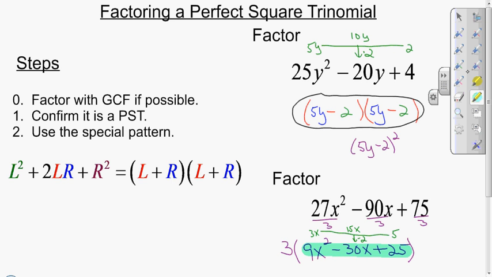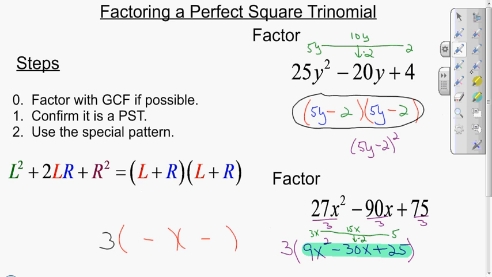I'll set up my two quantities with minus signs, but more importantly, you cannot forget to bring down this 3. It's part of the expression, so I'm going to make sure that I put my 3 there. So it's going to be 3 times these quantities.